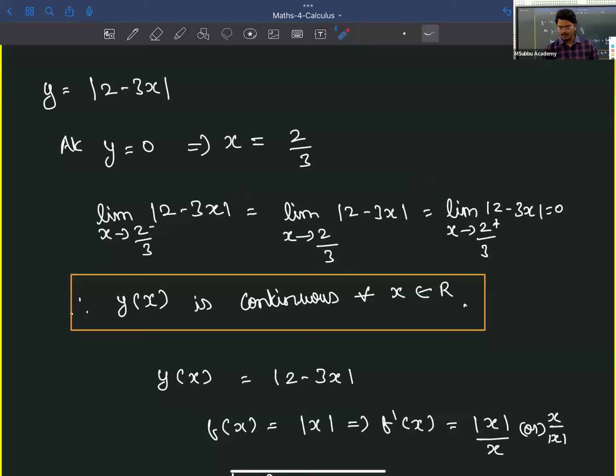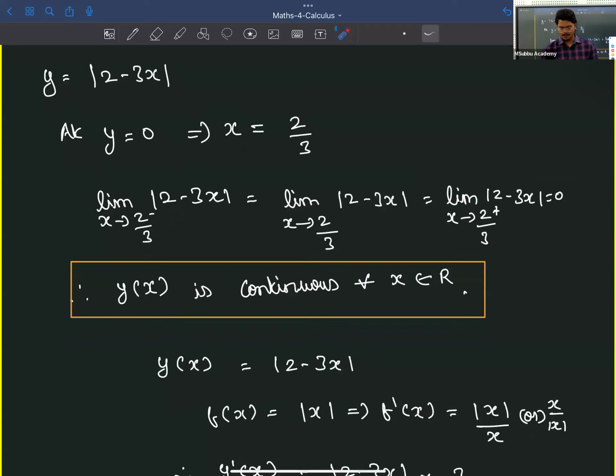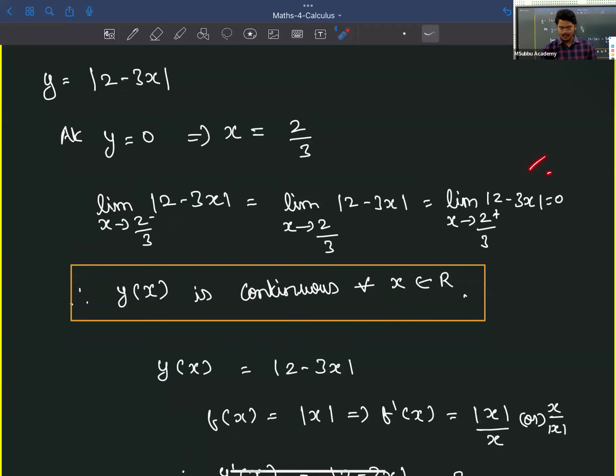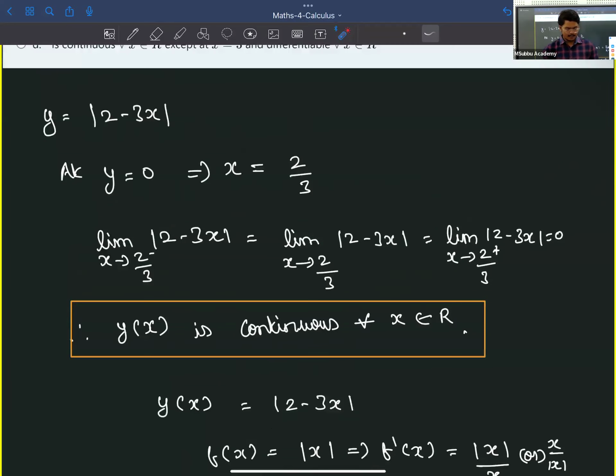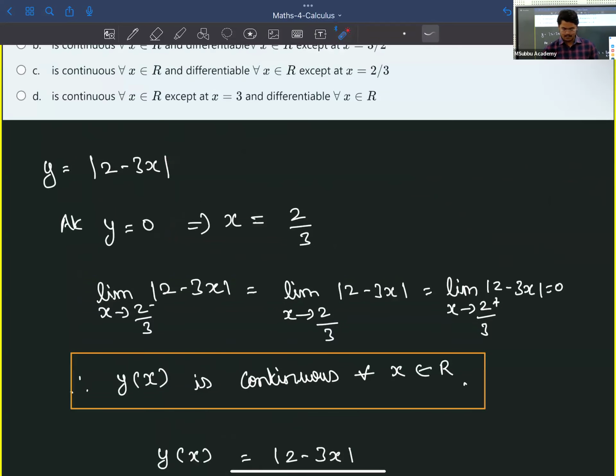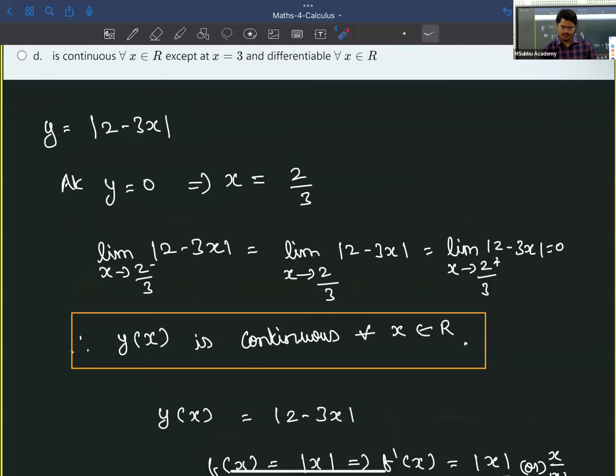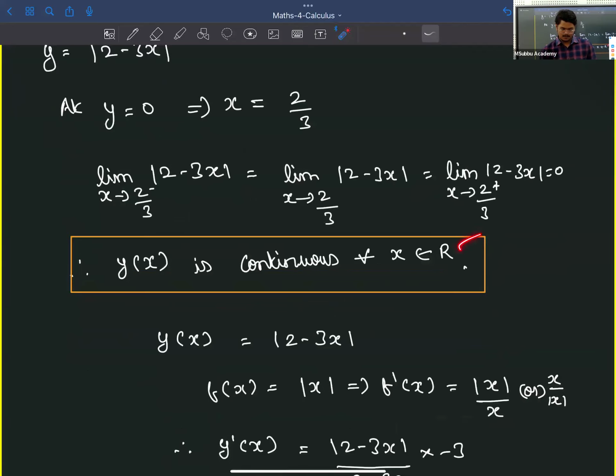The limit will be tending to 0. So when these all are equal, the function y of x is said to be continuous for all x belonging to R.